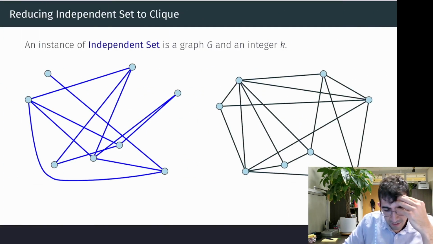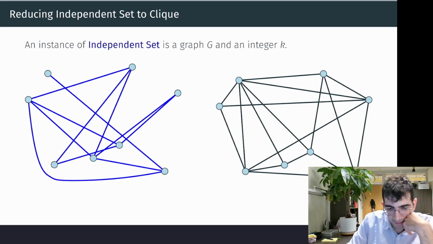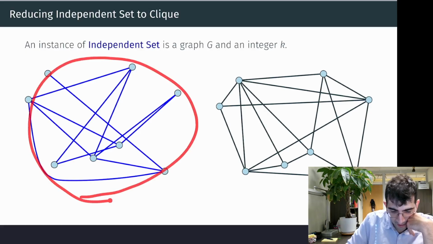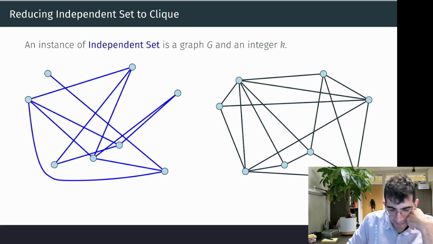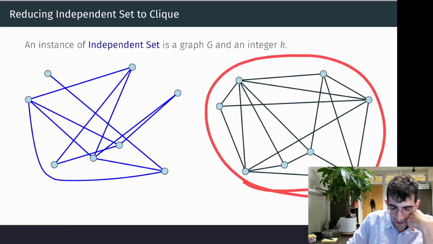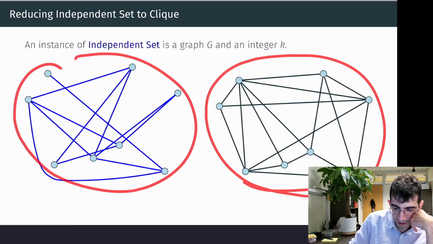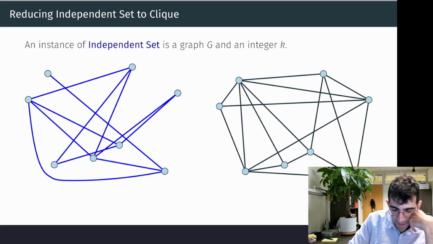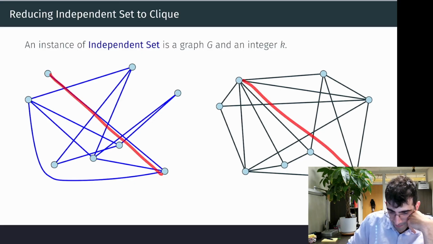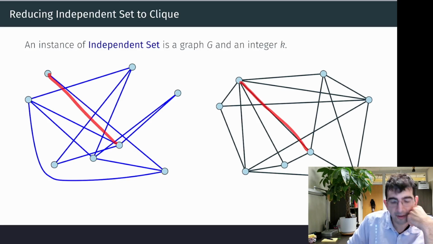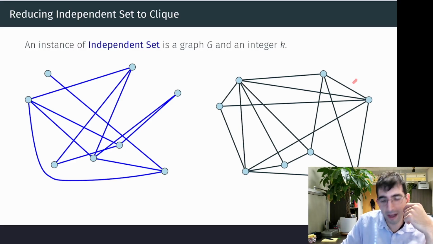So how does that relate to clique? Here's a hint. You have a graph here, and then we have the reverse graph here. Everywhere that there were edges here, there are not edges here. So for instance, this edge here does not exist here, but this edge exists here, and this edge doesn't exist here. Okay? We have the complement, the edge complement graph.